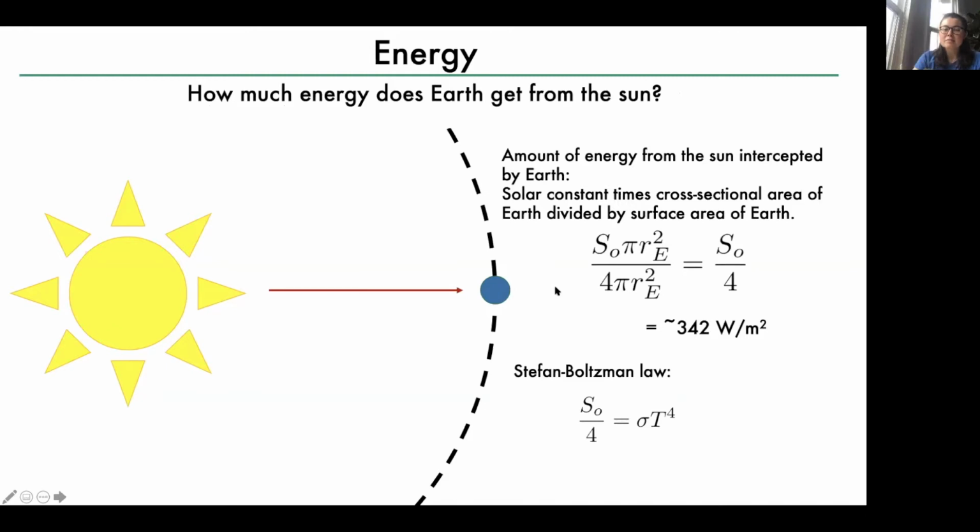So the amount of energy from the sun that's intercepted by the Earth is equal to the solar constant times the cross-sectional area of the Earth.